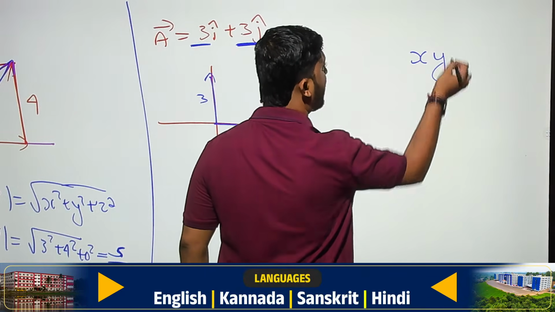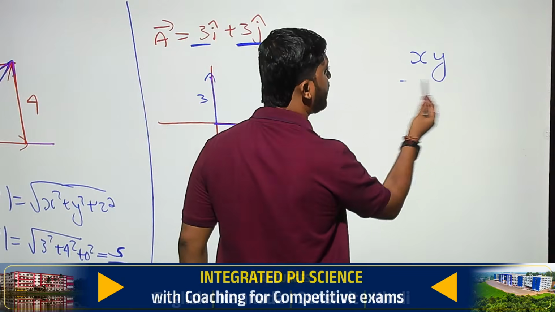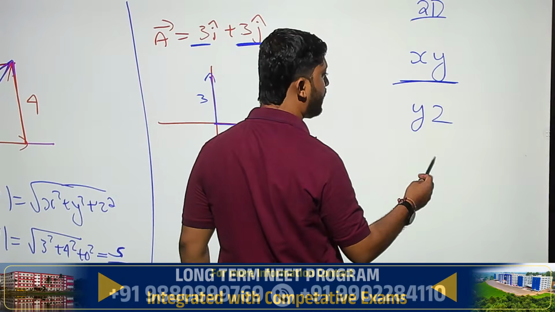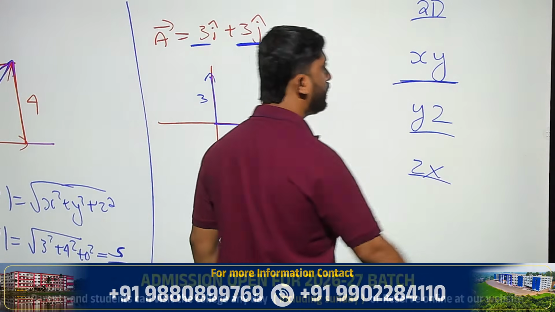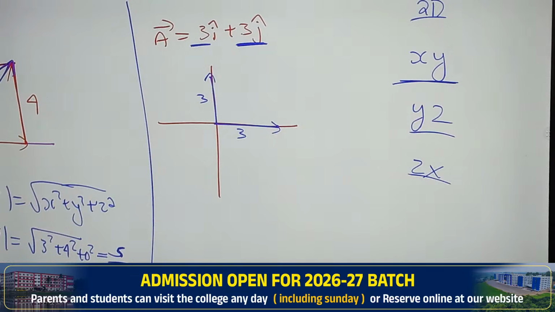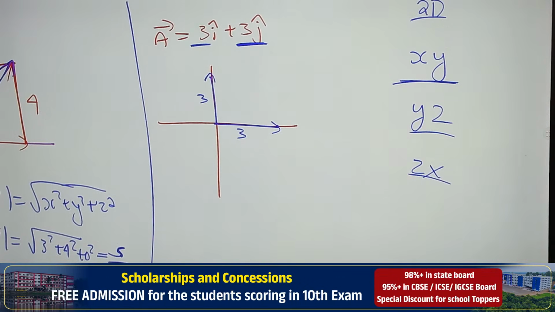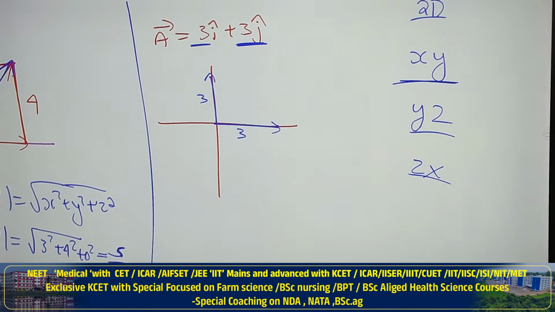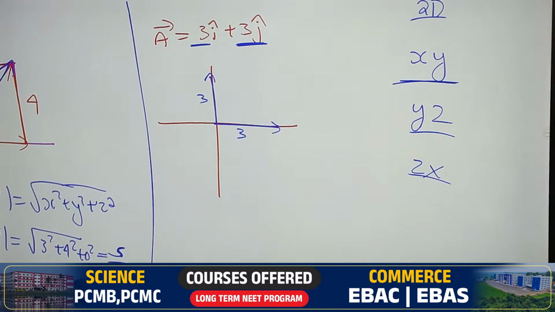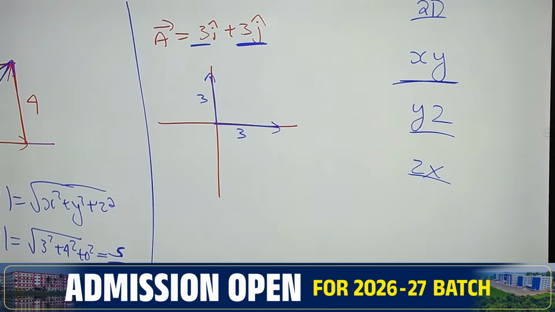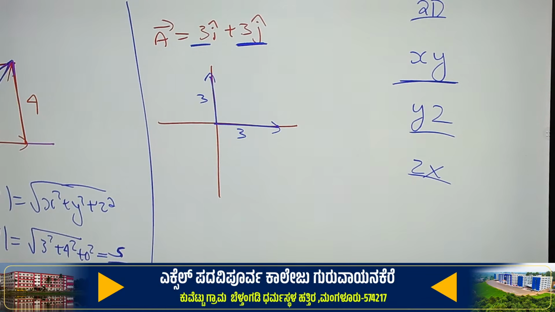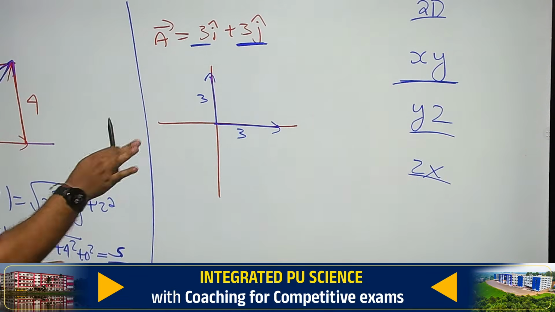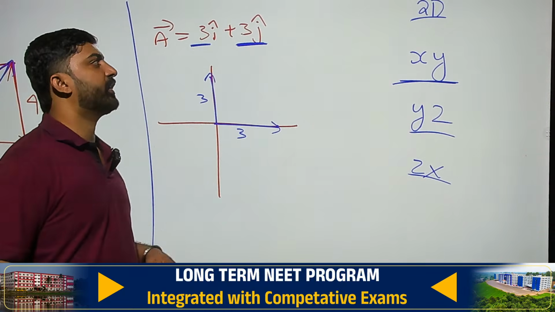In a book or in a graph sheet, you can only plot 2D graph. Either it is XY or it is YZ or it is ZX. You cannot plot if all the 3 coordinates are given. Okay. But in a CAD software, you can plot them. But we can plot a 2D graph perfectly in a graph sheet. We cannot plot a 3D graph.